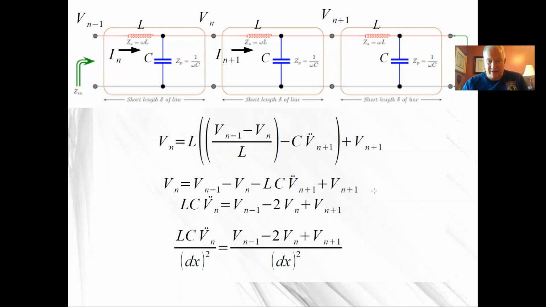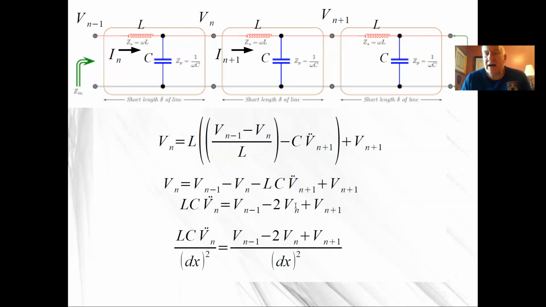And then I do some math. I'm going to solve for the second time derivative of V_n, which is the voltage at the next segment plus the voltage at the last segment, minus 2 times the voltage at the segment we're interested in.